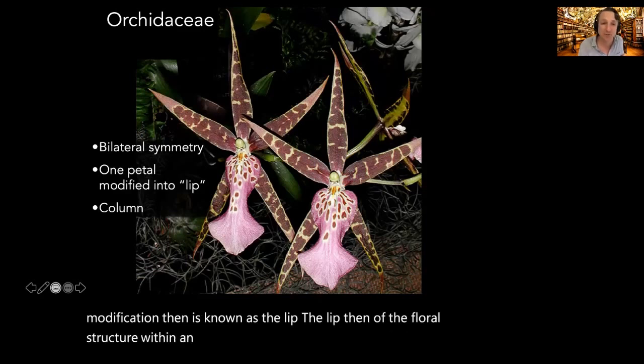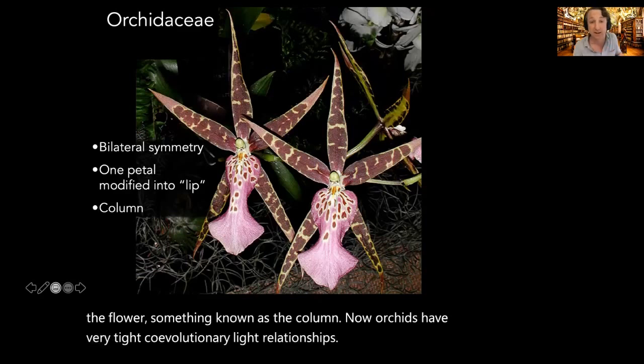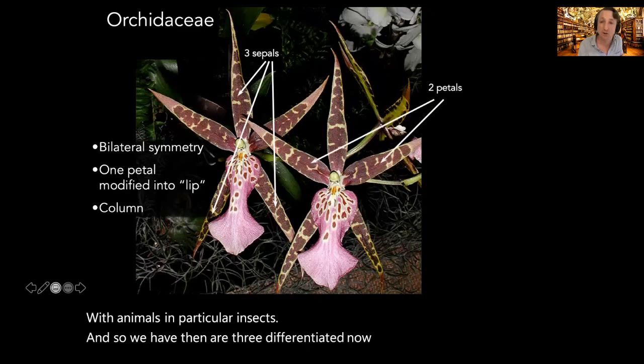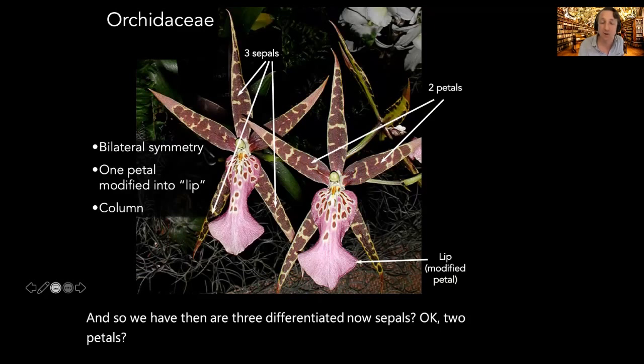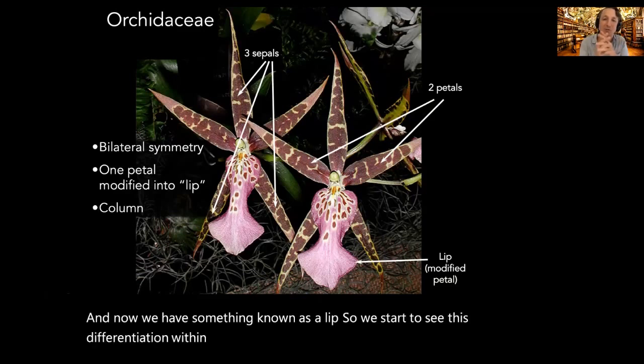And we also get further elaboration of the flower, something known as the column. Now, orchids have very tight coevolutionary relationships with animals, in particular insects. And so we have our 3 sepals, 2 petals, and now we have something known as a lip. So we start to see this differentiation within the flower morphology itself.